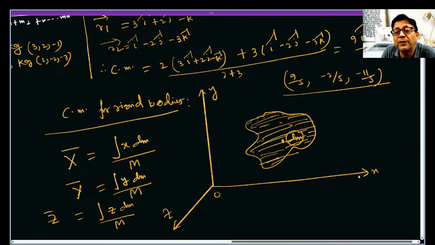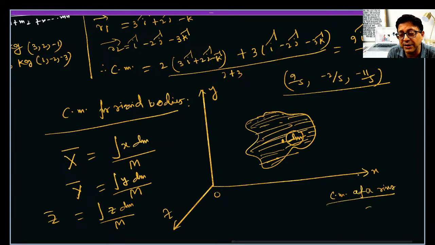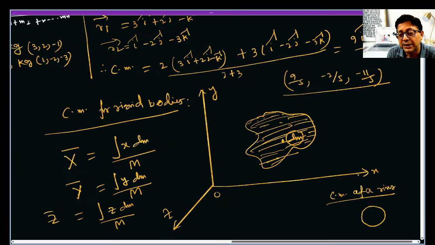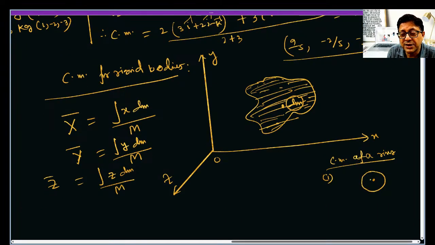If you go for finding center of mass of a ring, where does it lie? We will not derive the result. Center of mass of a ring, uniform ring obviously, this will lie at geometrical center. Okay, in class 11 no need to derive it. This is number 1, geometric center for a ring. What is the center of mass of a sphere?